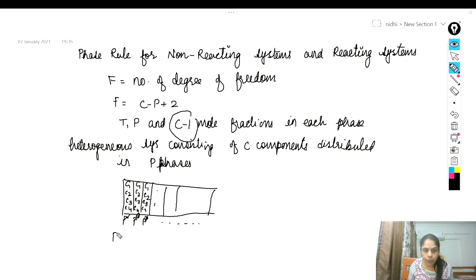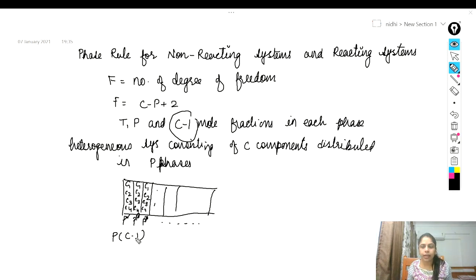C minus 1 defines that if we have a number of components, 1, 2, 3, 4, 5 and so on, and you know the concentration or mole fraction of any one component, then the rest you don't know. So total minus 1, so C minus 1, and all of them are present in P number of phases. So it should be multiplied by P, P times C minus 1, right?